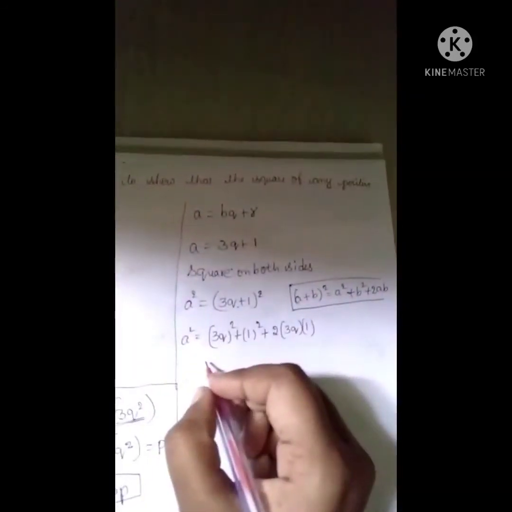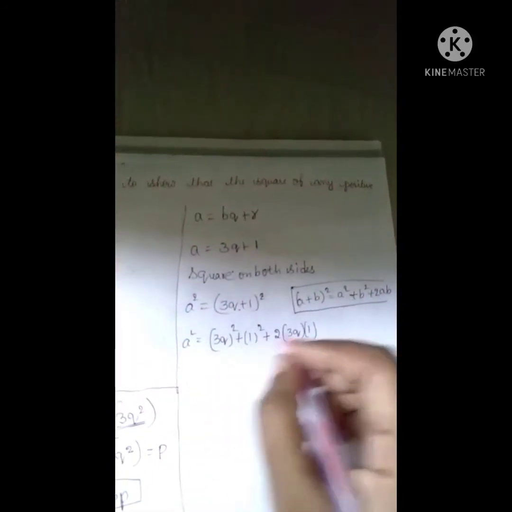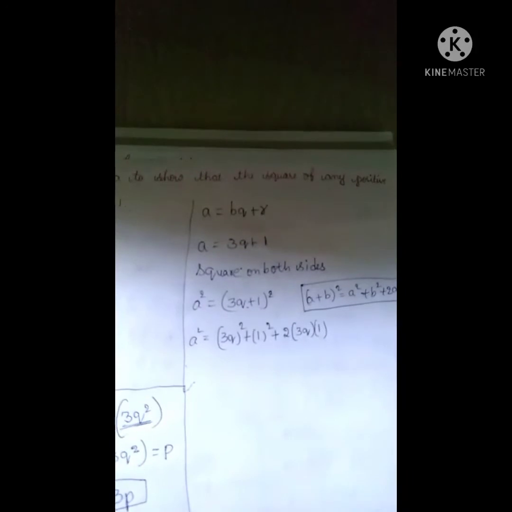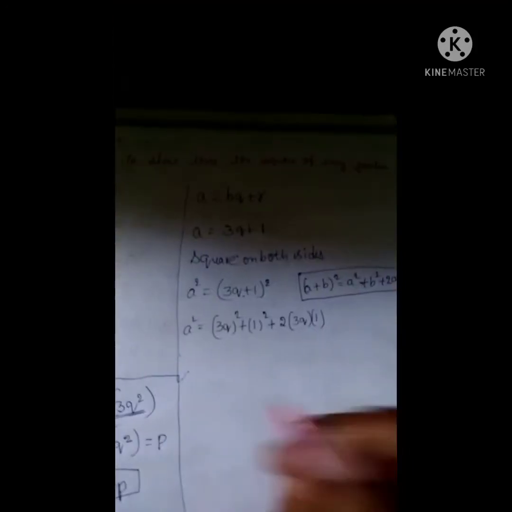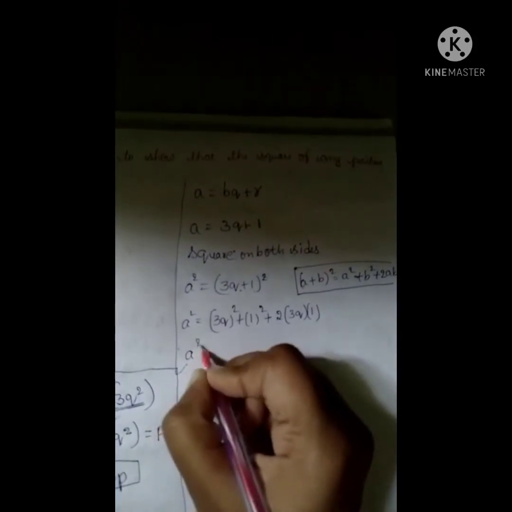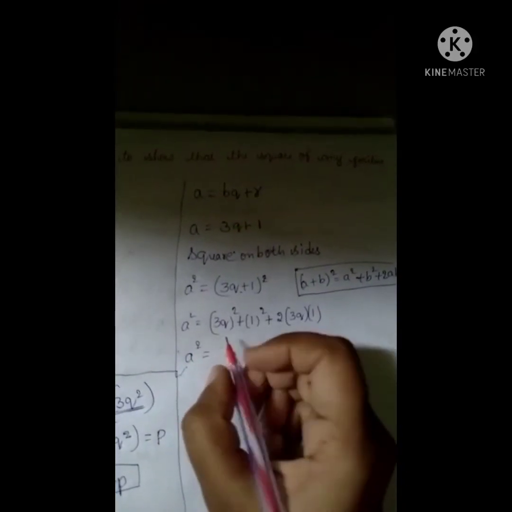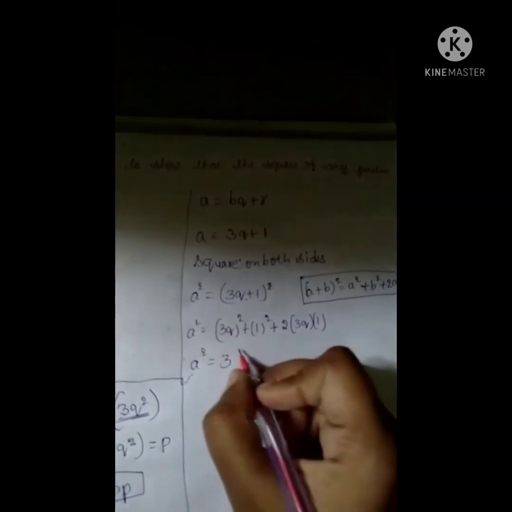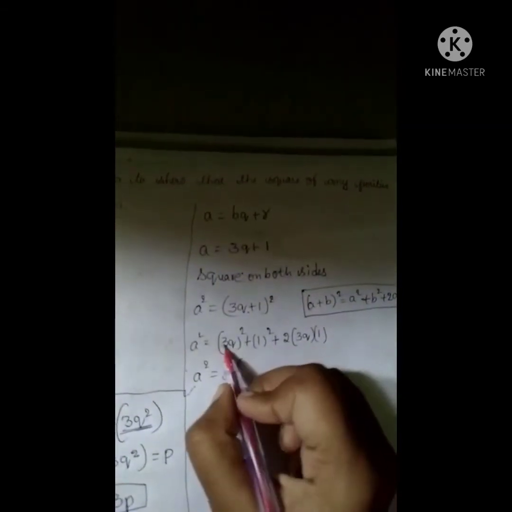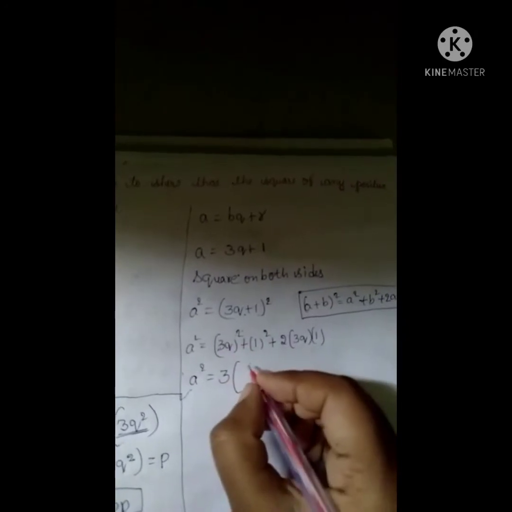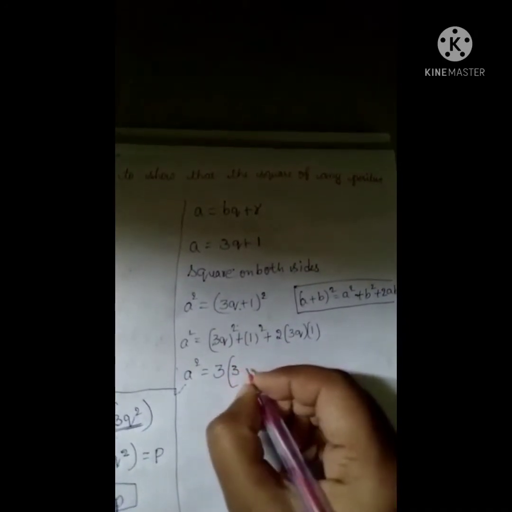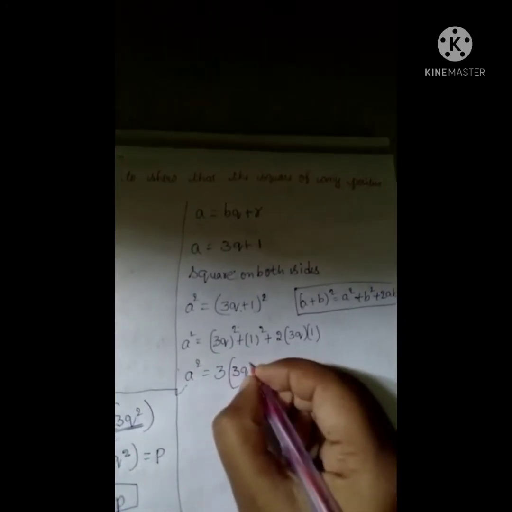Now take value of a as, a square is equals to, take common 3. Here we have 3 into 3 because it is 3 square, right? So 3 into 3, that is 3q square.